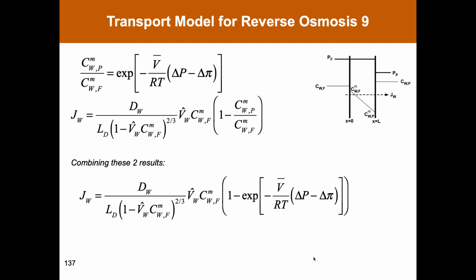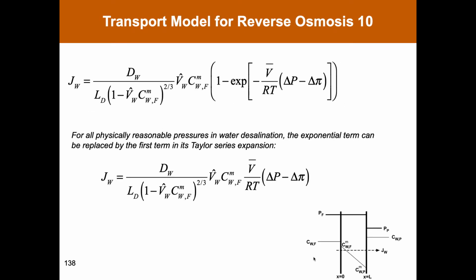What you'll see is that for something like organic solvent transport through polymers with very high values of partial molar volumes, the flux can indeed be a nonlinear function of the driving force. For something like water transport in the desalination membrane, the value of the partial molar volume is so low that this term can be approximated by the first term in the Taylor series expansion, and that will lead directly to this form.